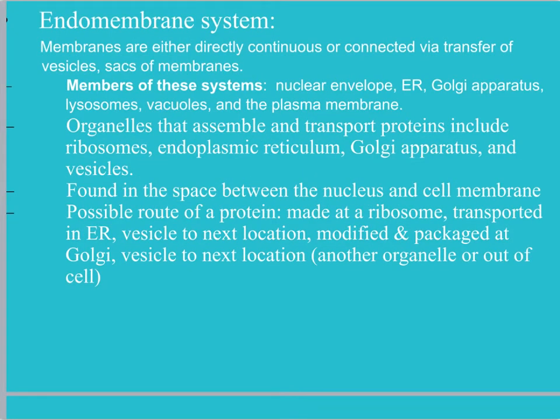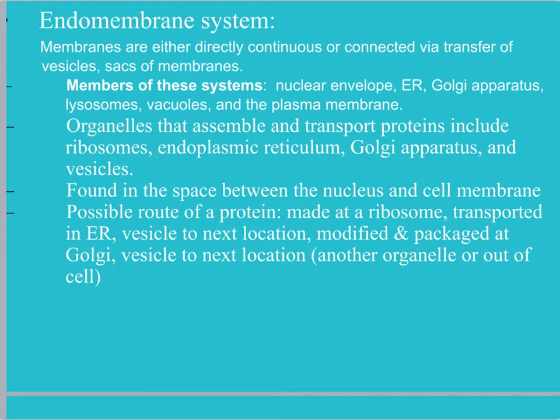So the endomembrane system, I touched on this when we were looking at the pictures, and we were noticing how the endoplasmic reticulum is going to be up close to the nucleus, and then the Golgi is going to be kind of behind it, and then you'll have maybe a little bit of space before the plasma membrane.